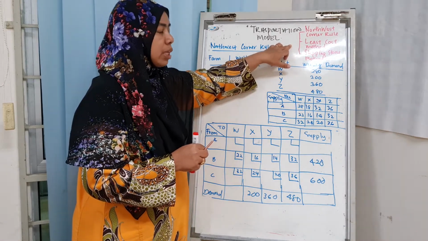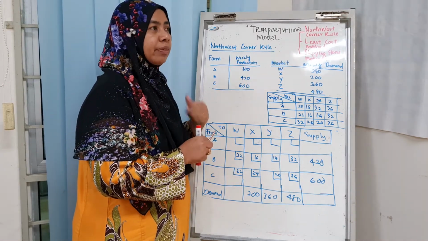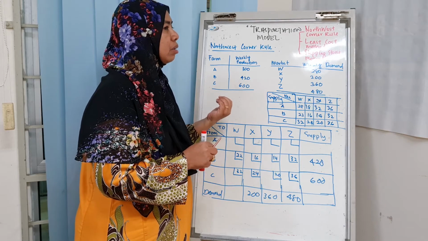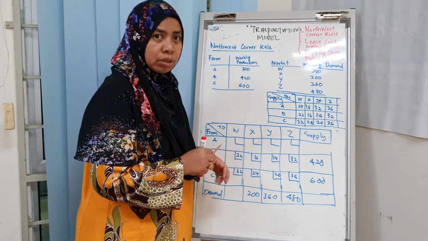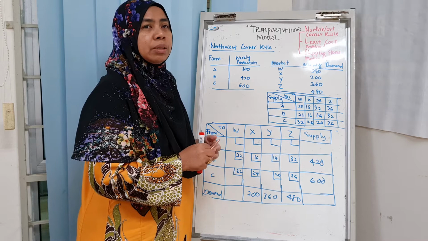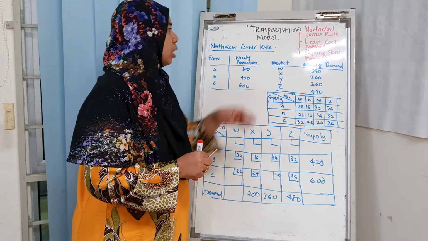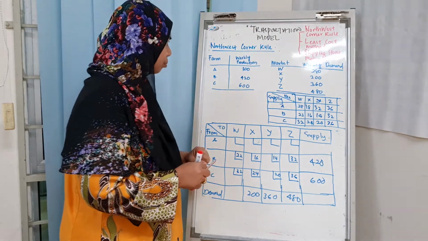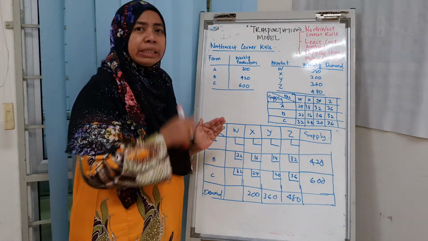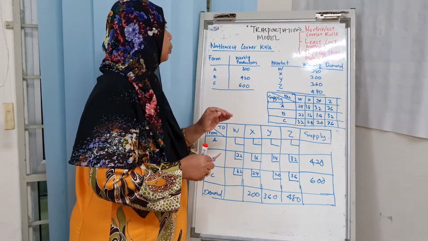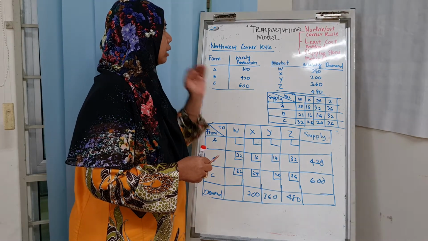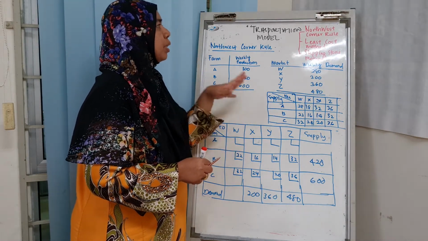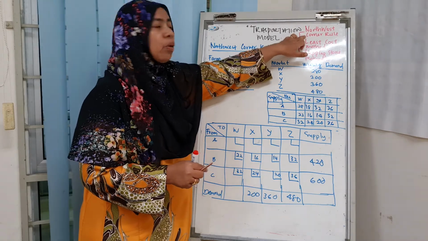It is also the same: first, where demand and supply are equal, and another where demand and supply are not equal. And last is the stepping stone method. Today in this session, I will teach you to calculate the transportation based on the northwest corner rule.